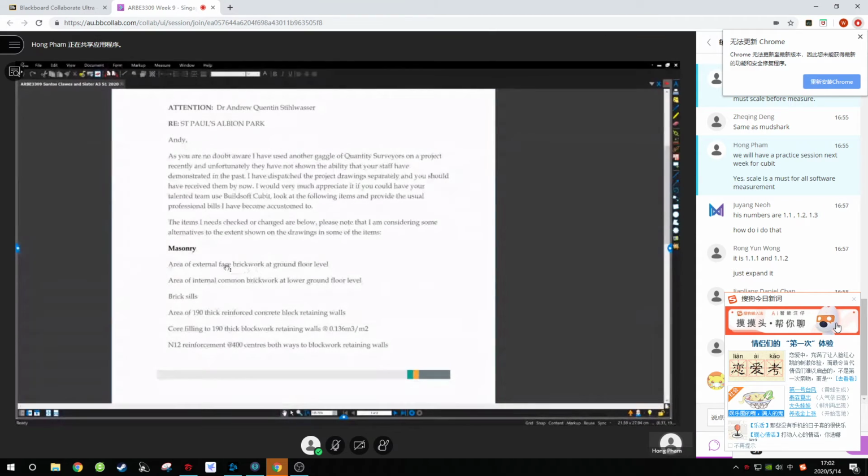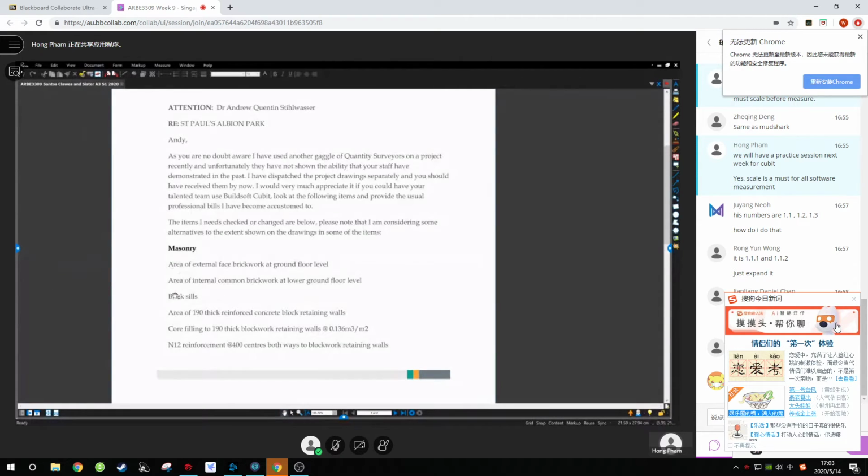So you know that they want face brick, external face brick, so this will be the main heading. This is another heading, ground floor levels. And you have to look into your drawings to see what external face brickwork you have at the ground floor levels. What kind? Is that a solid wall? Is that a skin of hollow walls? Remember?